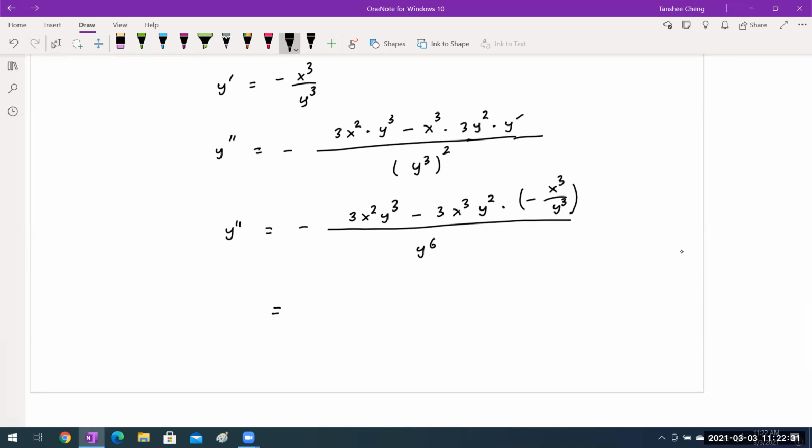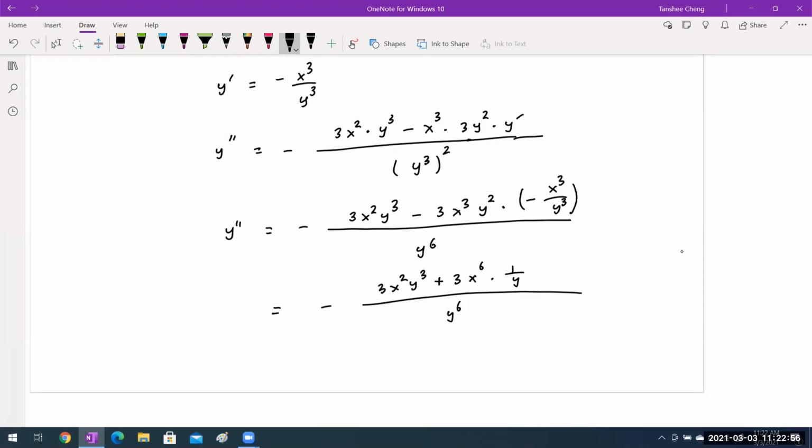notice that for this part, it will be negative 3x to the second y to the third minus 3x to the third times negative x to the third, and the negative and negative become positive. X to the third and x to the third give me x to the sixth power. And y squared and y to the third power, so that will be times 1 over y, which is what's left over, all over y to the sixth power.